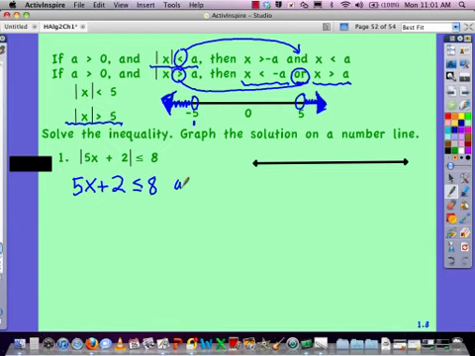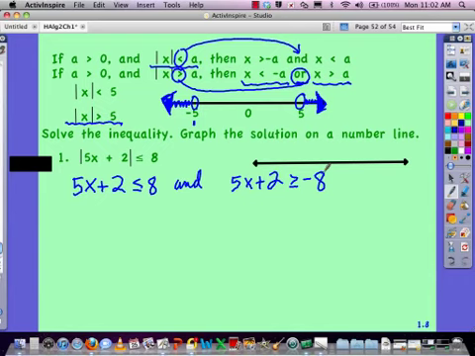And because it was a less than to begin with, whatever's underneath there, so 5x plus 2, would also have to be, switch the inequality sign, greater than or equal to, change the number to its opposite, and you would get your other solution.